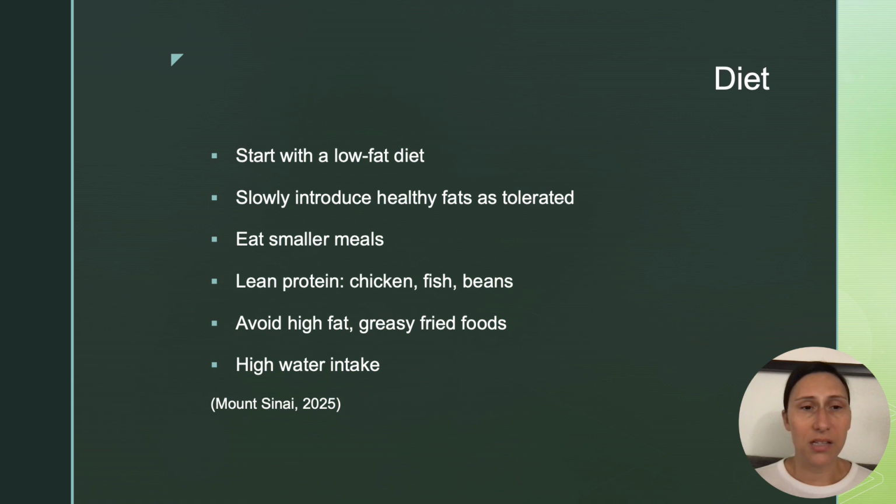And this is because they're more likely to have diarrhea until their body adjusts to their gallbladder not being there anymore. So with a higher chance of having diarrhea, you're likely to be dehydrated. So we want our patients to increase their water intake.